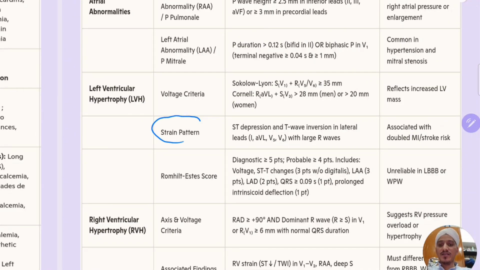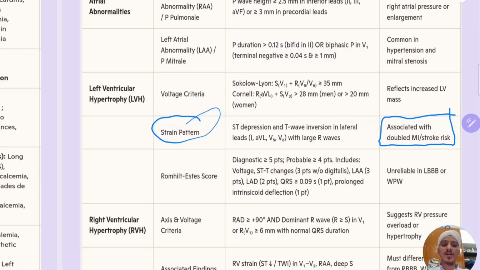When there is a strain pattern, the important thing to remember is that the strain pattern is associated with doubled MI and stroke risk.